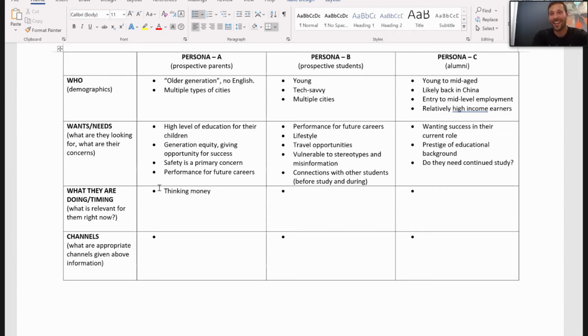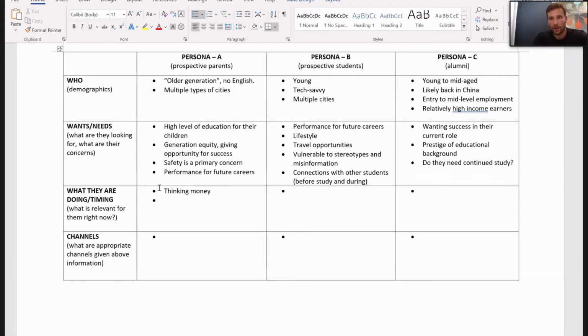How are we going to raise the funds to make sure this happens? How are we going to afford this? What do we have to sacrifice to make this work? This is incredibly important, and it's going to be something that Chinese parents are going to be thinking of quite a bit. And sacrifices that get made in this instance are huge because of how important it is to the parents. So they're going to be thinking money.